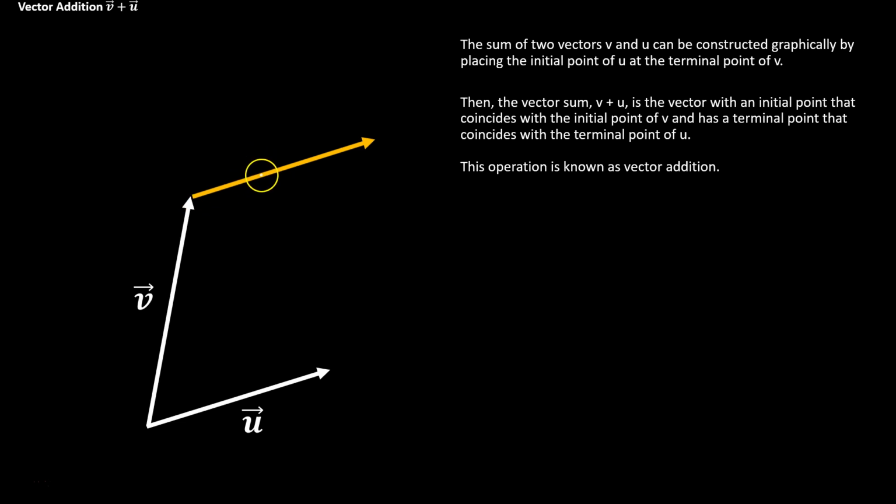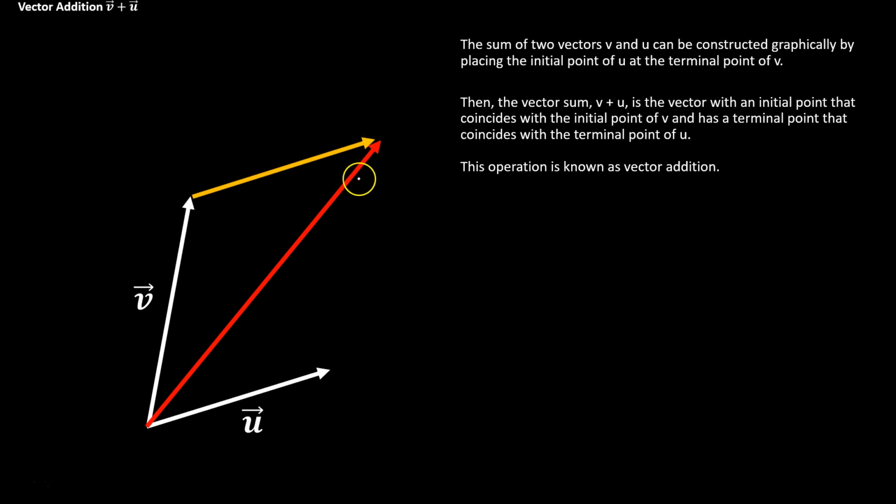Now, this yellow vector that I just created is a copy of the vector u. It has the same magnitude and the same direction. It's an equivalent vector. When I place it like this, I can then create the sum by looking at the initial point of the vector v, following through the tip-to-tail connection, and then continuing on to the terminal point of the copy of the vector u.